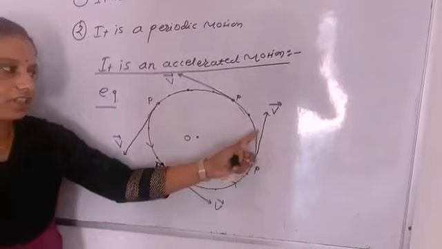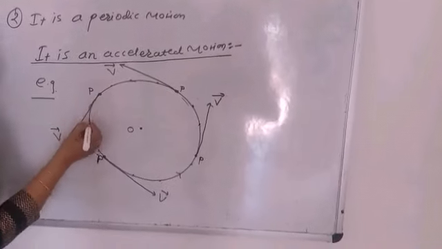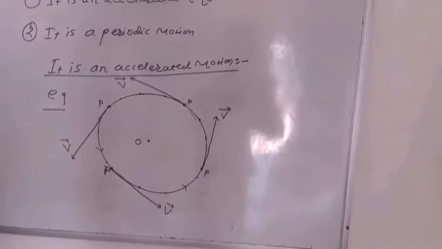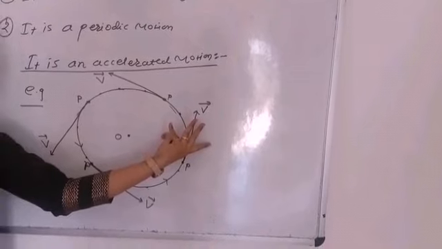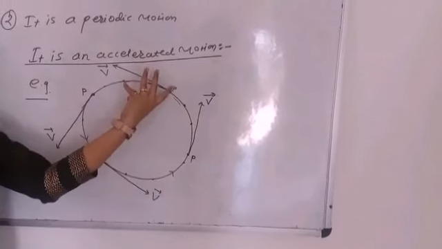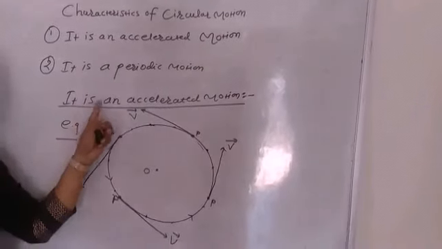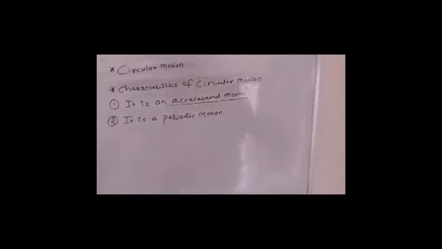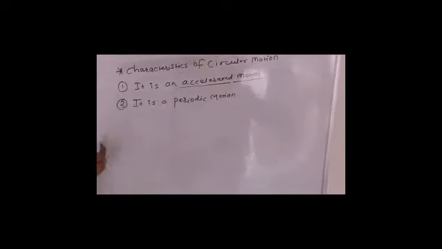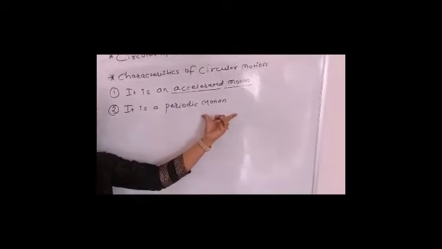As the direction changes, it changes its velocity at every instant. And as the direction of velocity changes, its acceleration also changes. And that's why it is an accelerated motion. The second characteristic of circular motion is that it is a periodic motion.